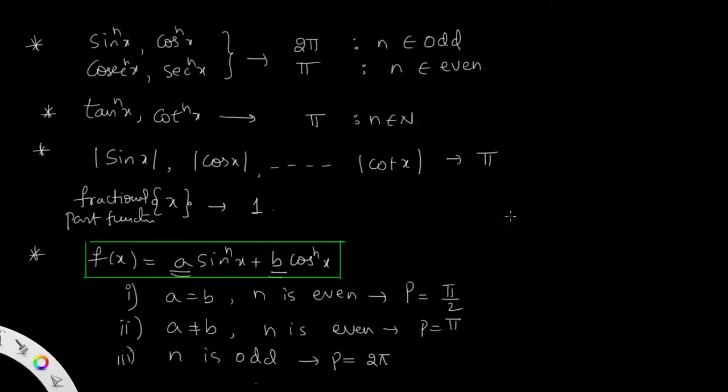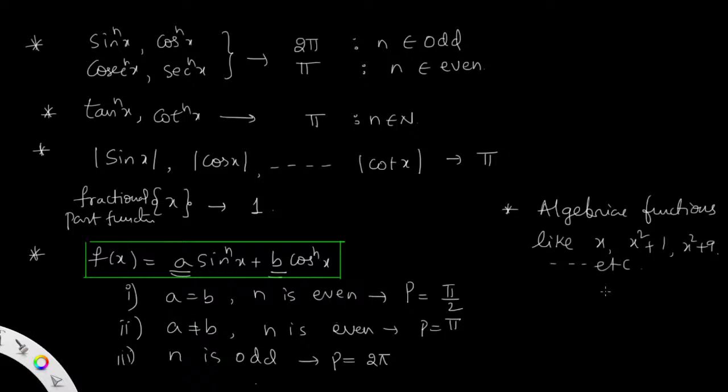These are all trigonometric functions, and the second type is algebraic functions. What are algebraic functions? Suppose f of x equals x square plus 1, and x plus 9, and so on. These functions are not periodic, as the graph does not repeat in fixed intervals.